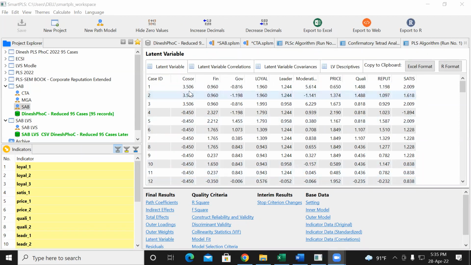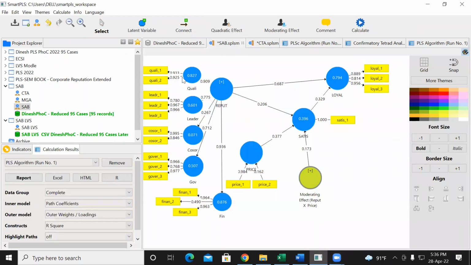Okay. Are you clear? Yes. In that, you can always draw the model as a reflective model. I will show you this sort of complex model. I will explain, then you can understand. Now this is the model.